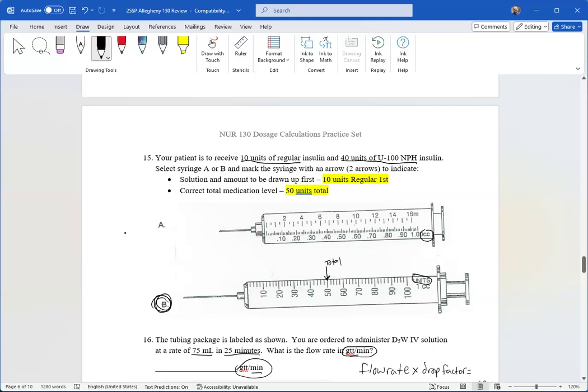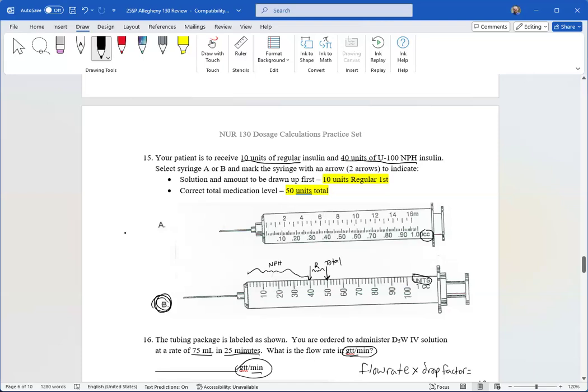The 10 units of insulin would be closest to the 50. So what they're asking you to do is mark and indicate that this distance right here is your regular insulin. So this is where the 10 units of regular insulin would be. The remainder of this is the NPH.